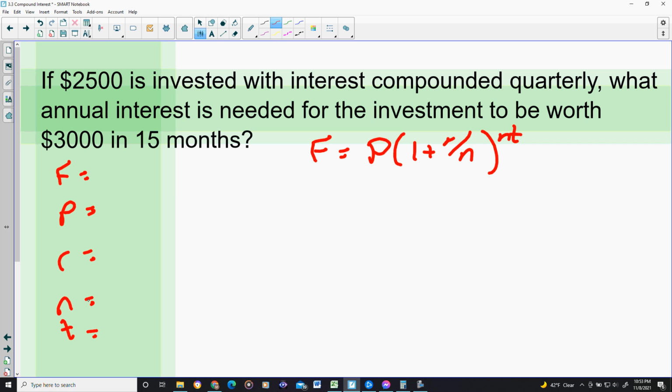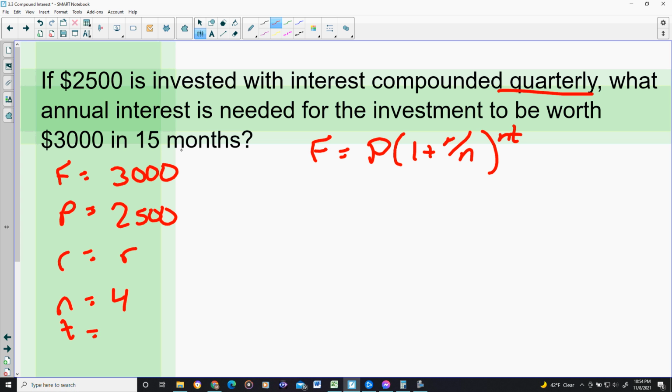Okay, so what do we have? $2,500 is invested, so that must be P. With interest compounded quarterly, so quarterly means N is 4. What annual interest is needed? So we're going to solve for R. Is needed for the investment to be worth $3,000 in 15 months.